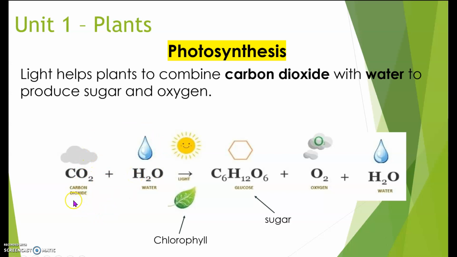Let's see the picture. Carbon dioxide plus water, with the help of sunlight. And of course, plants or the leaves use chlorophyll, which then produces glucose, or the sugar, or the food of the plant. They will also produce oxygen, which is released in the leaves, and also water, which is also released in the leaves.